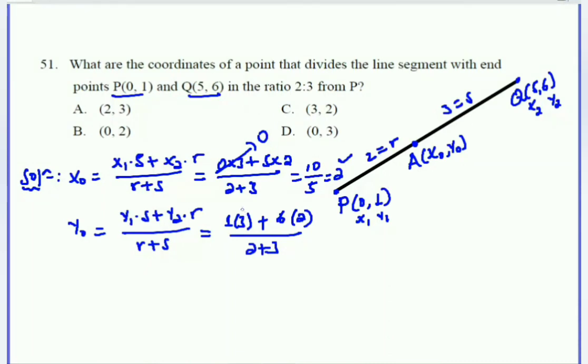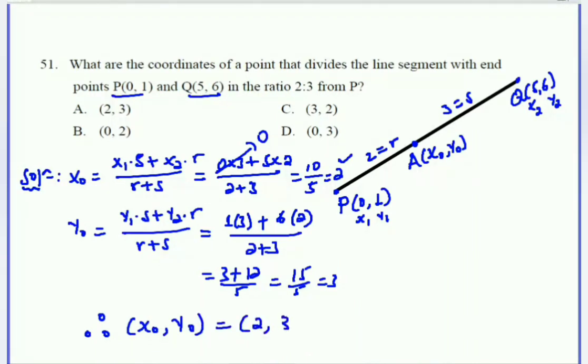So 1 times 3 is 3 and 6 times 2 is 12. So 3 plus 12 over 5, meaning 15 over 5, which is 3. Therefore, the coordinates of the point that divides the line segment PQ in the ratio 2 to 3 are (2, 3). Therefore, the answer is A.